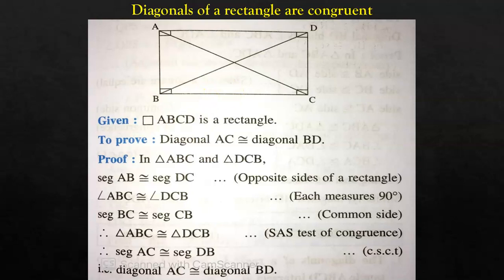Therefore, we have triangle ABC congruent to triangle DCB by SAS test of congruency. And when we have the triangles as congruent, we can say that segment AC is congruent to segment DB, corresponding sides of congruent triangles. And these segments are nothing but diagonals of the quadrilateral. That is diagonal AC congruent to diagonal BD, hence proved.